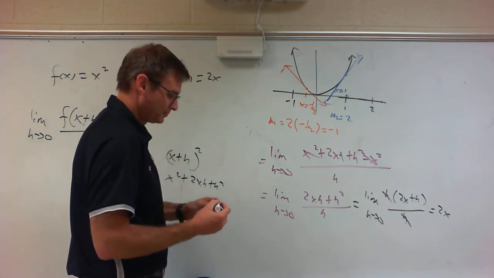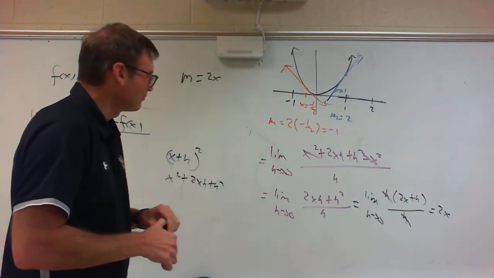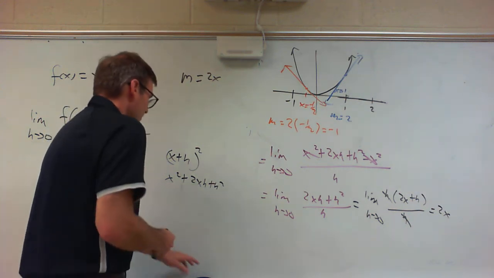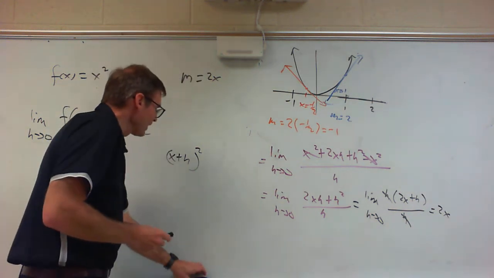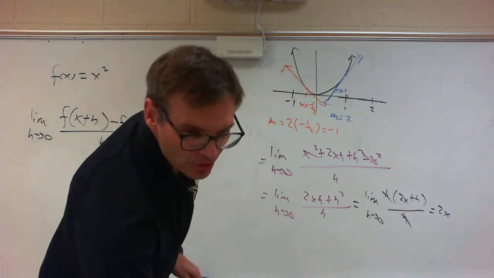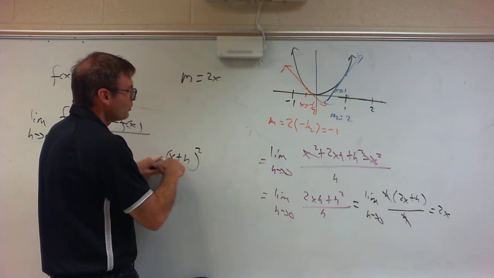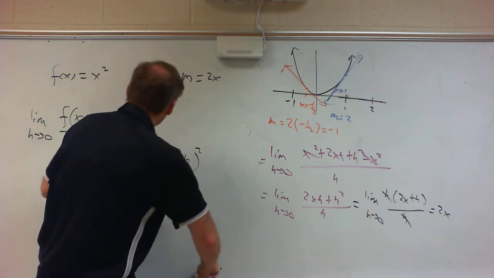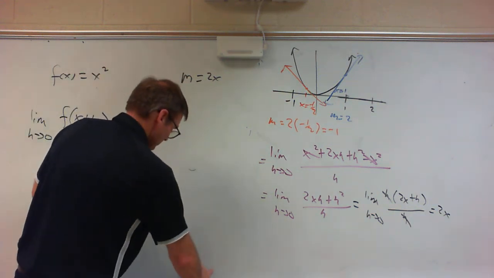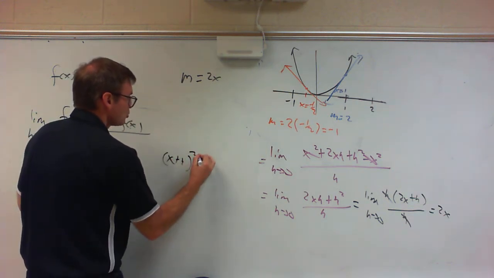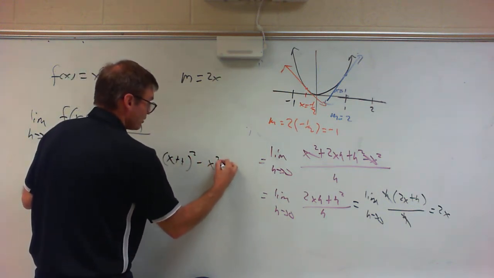Oh, okay. I meant like how come it's not just x squared plus h and it's x plus h squared? So this whole x plus h thing, when you square it, this all came from x plus h squared minus x squared all over h.